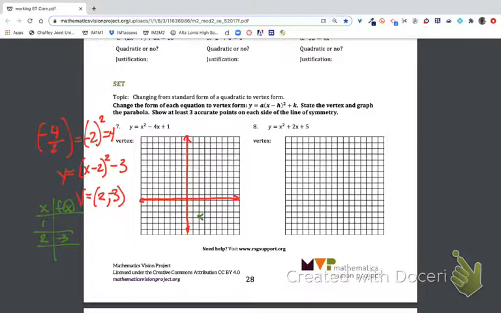So let me go 1 to the left of it and 1 to the right of it. If I go 1 to the left, that's the x value of 1. When I plug it in to my equation, 1 minus 2 squared minus 3, we end up with negative 2.